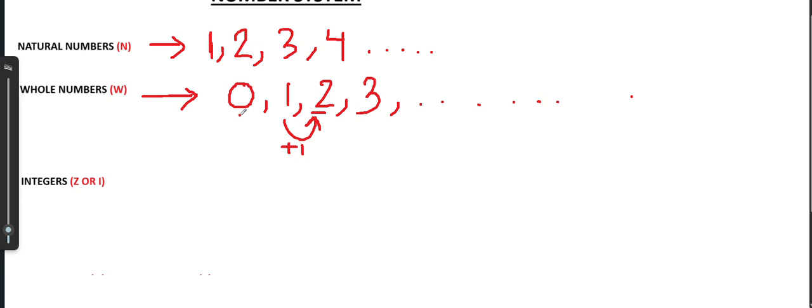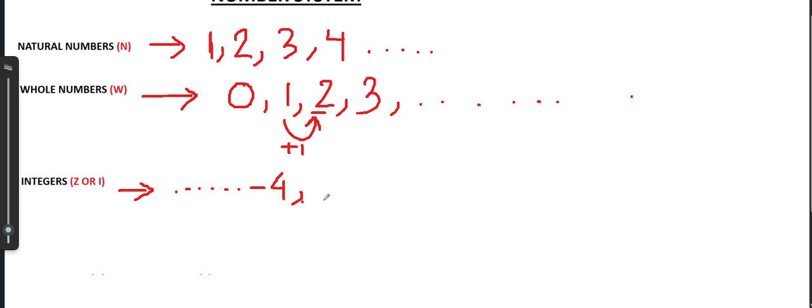The positive part contains the natural numbers, and it also contains 0 and all the negative numbers. They can continue till infinity on the right side and on the left side.